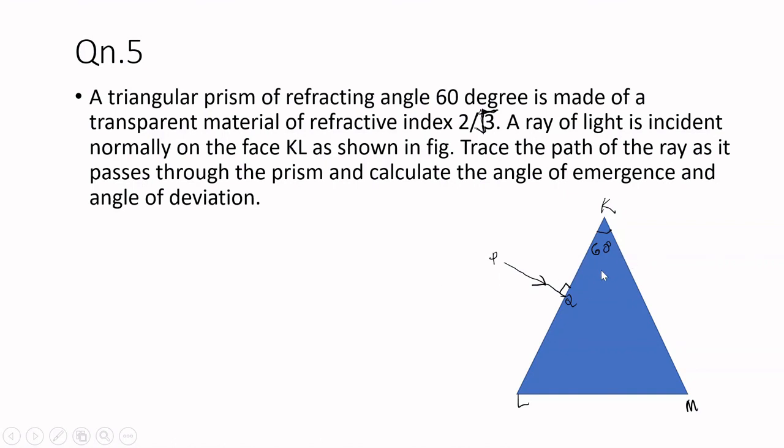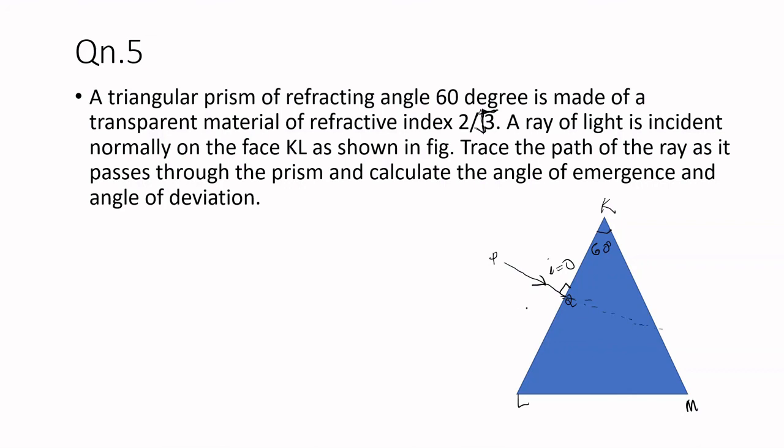So this is the prism KLM, and PQ is an incident ray through the normal. That means its angle of incidence over there is equal to 0 because it is passing through the normal. Now we have to extend this ray of light such that it will be just falling directly on the other face.